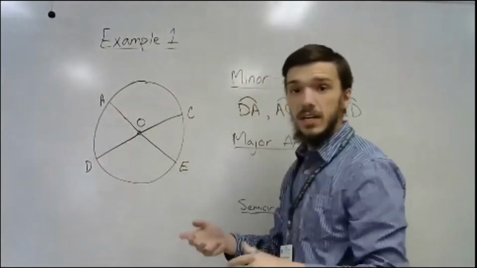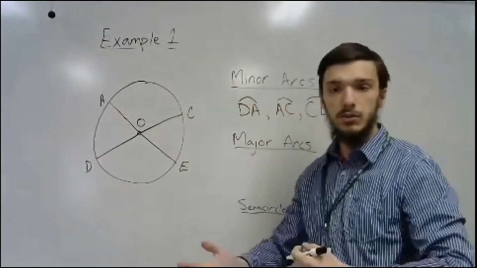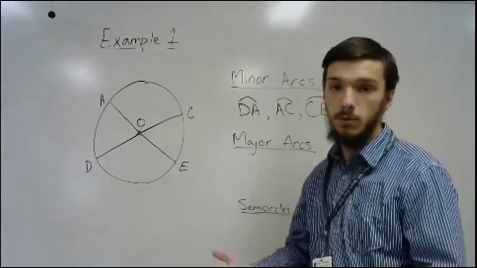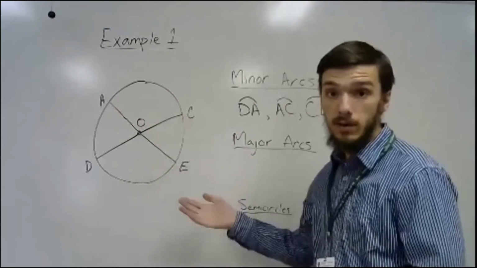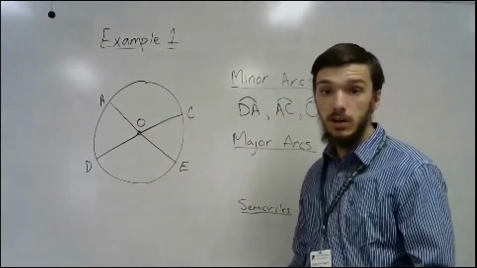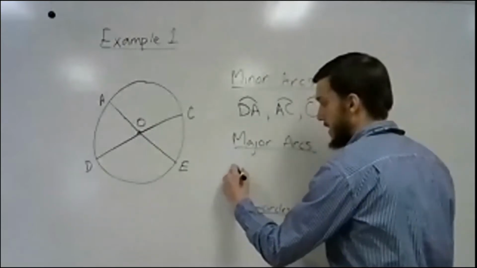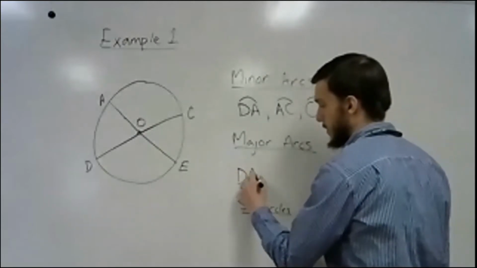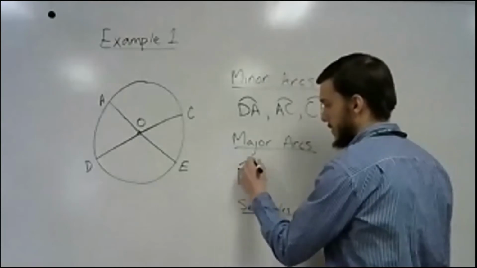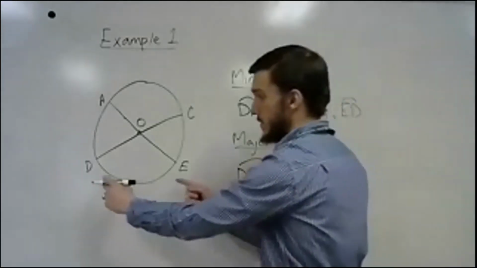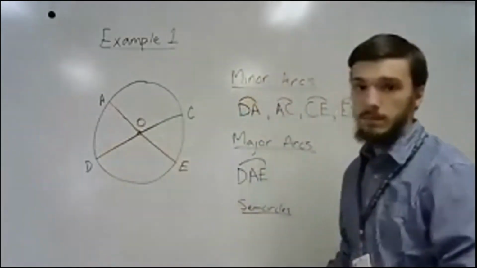And the answer is, it doesn't really matter. You get to choose which point you want to use to describe your major arc. I'm going to use DAE to name this major arc. Notice that D and E are endpoints. A is between them.